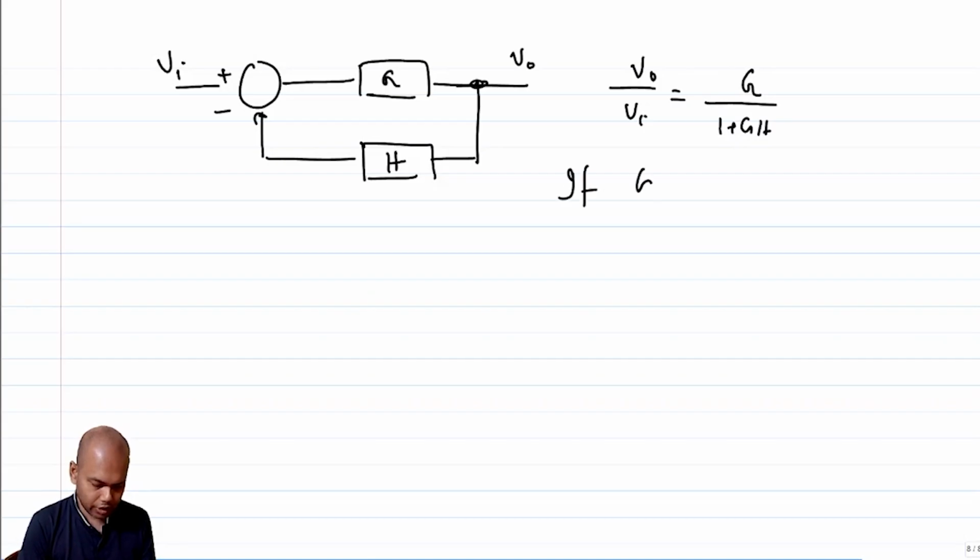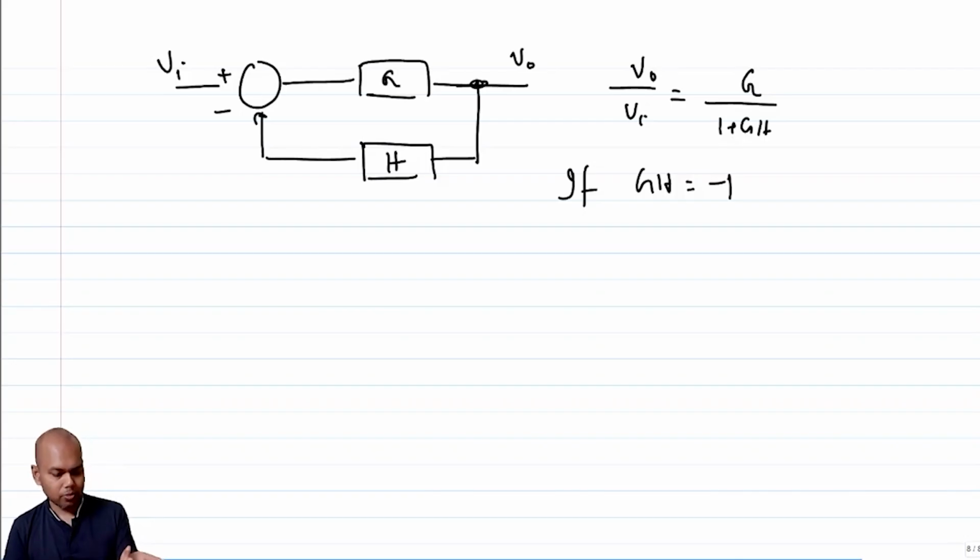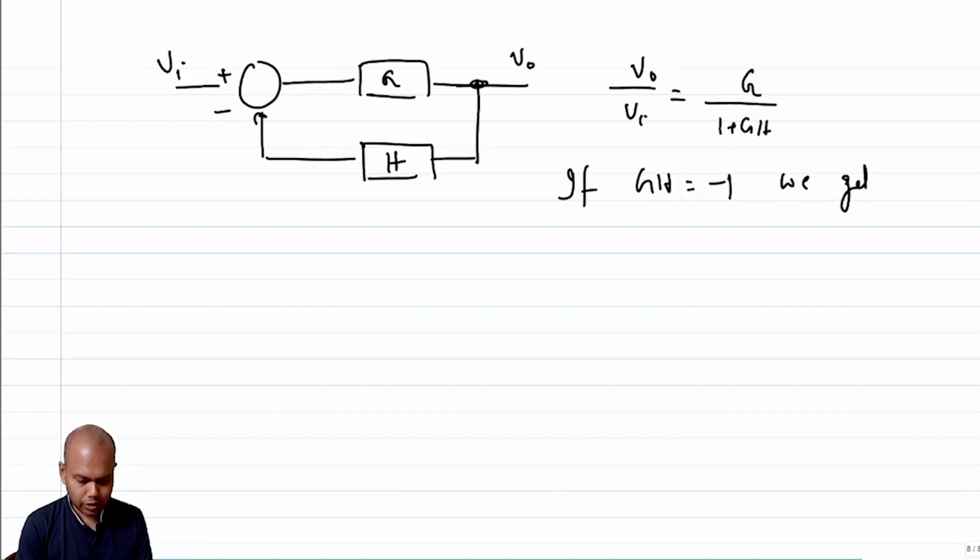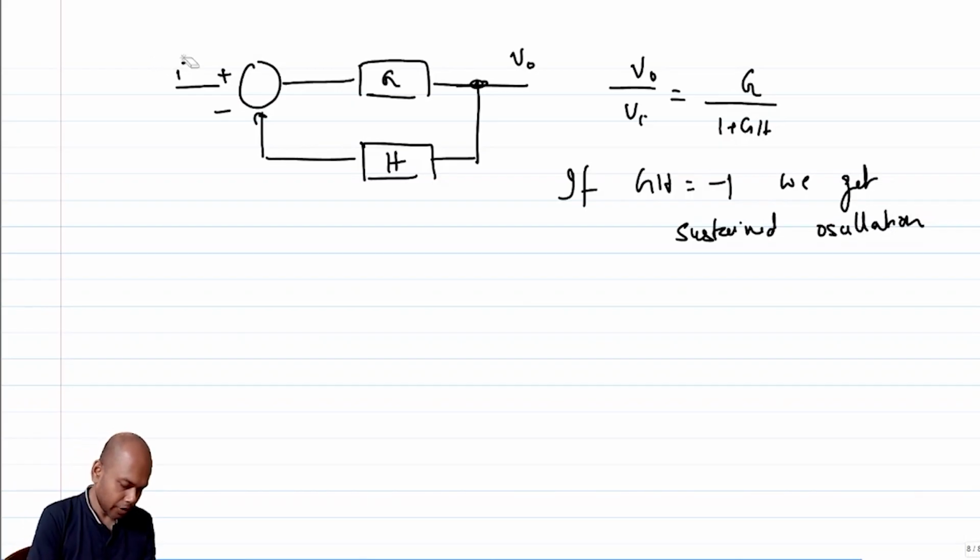So if GH is equal to minus 1, right, the loop gain is equal to minus 1, we get sustained oscillation. Correct? So what is the loop gain? How do you find out what is loop gain? To find out loop gain, input is not required.